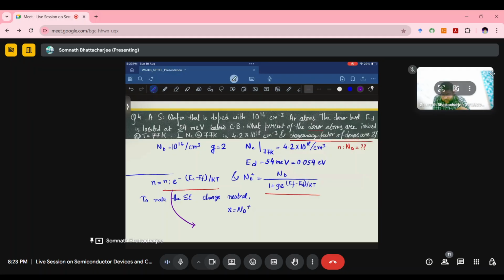To simplify this, we can get ln of n by ni equals EF minus EC divided by KT, right? So we can write EF equals EC, and this will go towards plus KT.